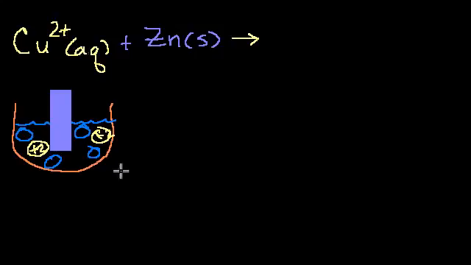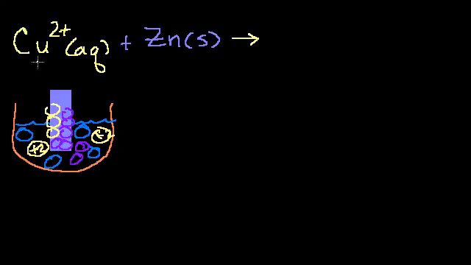And so what this reaction says is that these copper ions, if they can get a hold of some electrons, and essentially become neutral, they would rather go back into the solid state. And the molecules of zinc out here that are in the solid state, if they can lose some electrons, they want to jump into the solution. So let me write down the whole reaction.